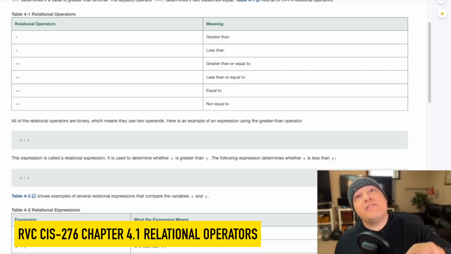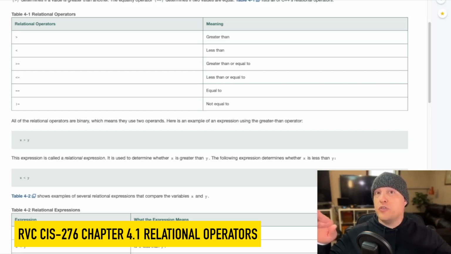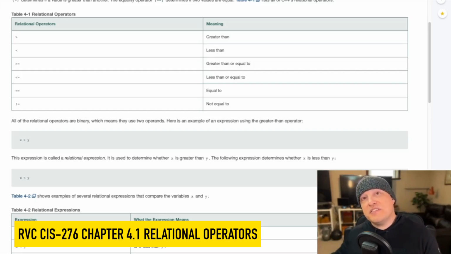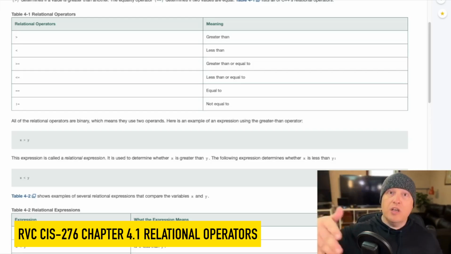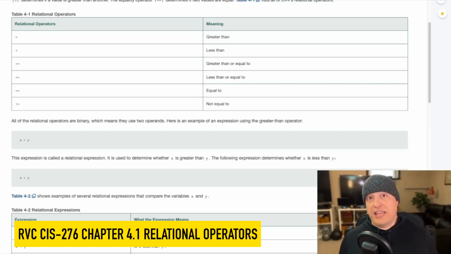If I just have a single equals, so 4 equals 4, what the system sees is an assignment is happening. So what it's going to attempt to do is say, okay, can I assign the value on the right-hand side of the operand to the object on the left?